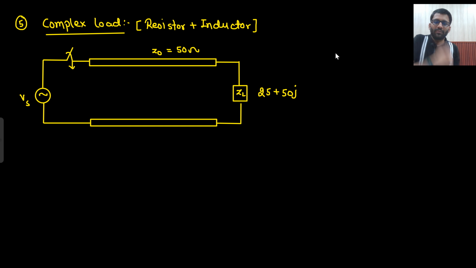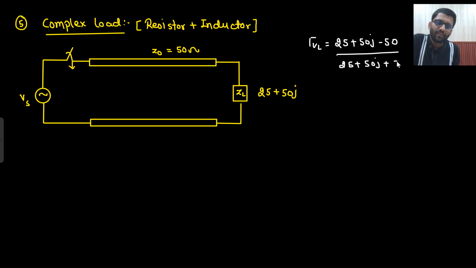Okay. So now what I'm going to do is gamma VL, which is ZL minus Z naught upon ZL plus Z naught. So minus 25 plus 50j divided by 75 plus 50j.